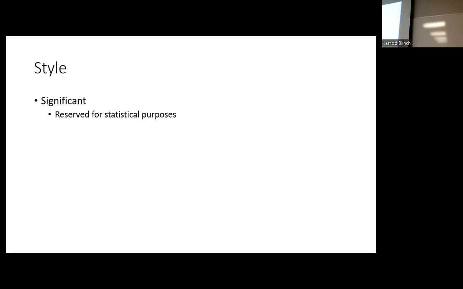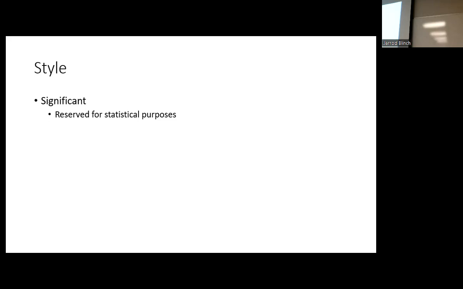Significant is a special word that we use in research relating to statistics. So you could use this if you're referring to a paper where they ran tests and they found a significant difference. We're just going to be looking at visual differences. So don't say, hey, ipsilateral was significantly shorter, because we're not testing that. Unless you do, and then you can use this reserved word.